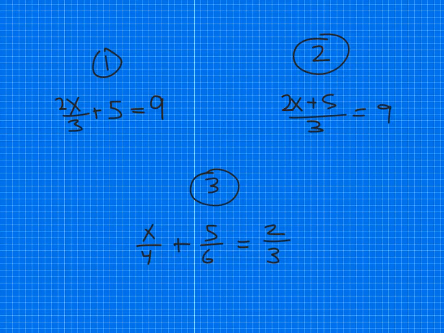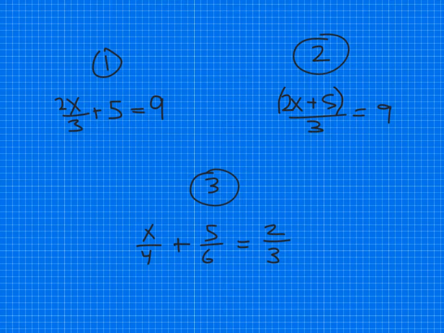Versus in number 2, really it's only two terms. It's this big 2x plus 5 over 3 equals 9. Another way to think of that second problem is that there are actually parentheses around the top, around the numerator. The third problem has three different denominators, 4, 6, and 3.